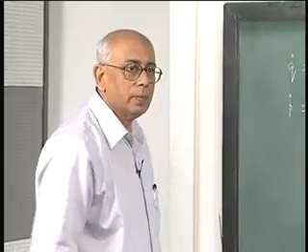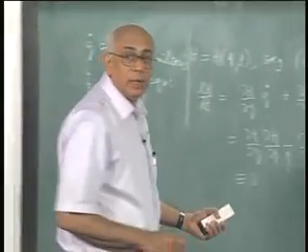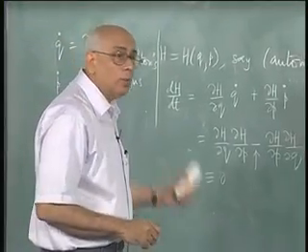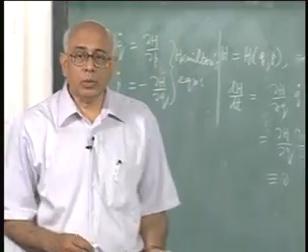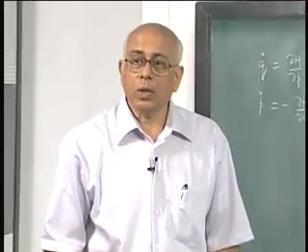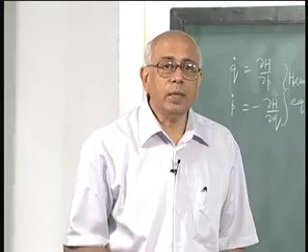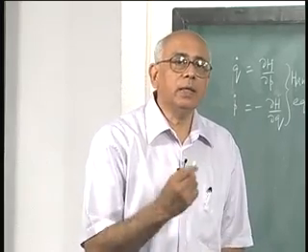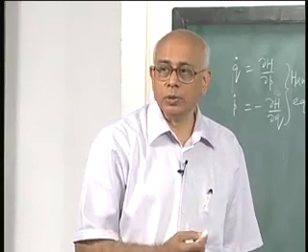The Hamiltonian is therefore a constant of the motion as long as it is not explicitly dependent on time. So this is the way you discover a constant of the motion. This is always true for every Hamiltonian system which is an autonomous system, explicitly time independent Hamiltonian. You are guaranteed that the Hamiltonian is a constant of the motion.